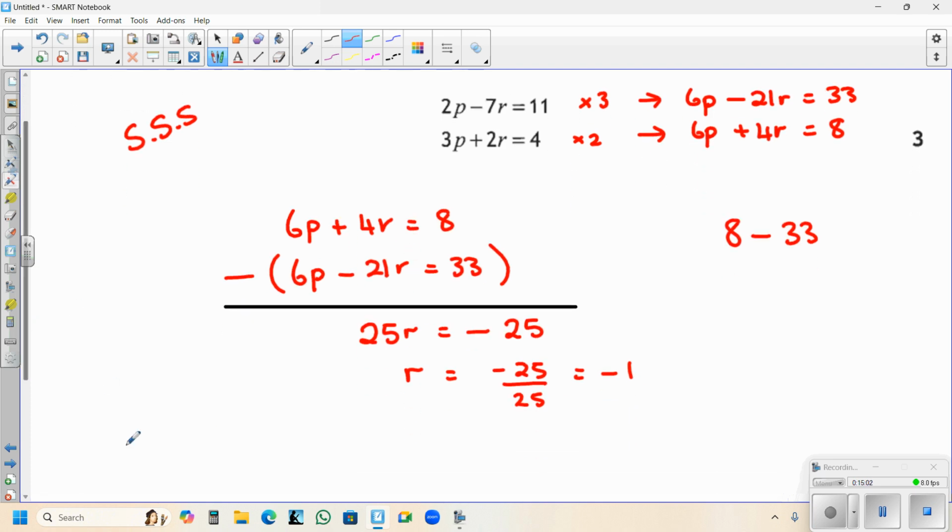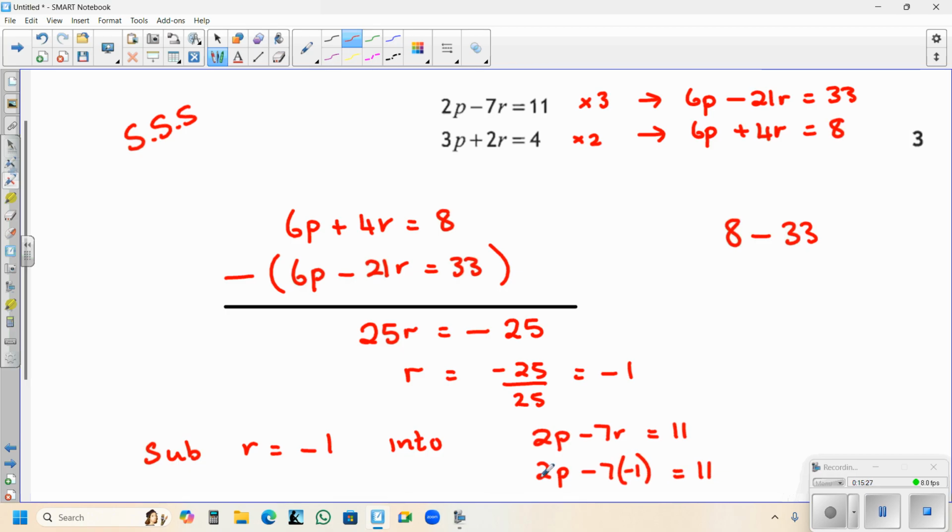So next thing we want to do is sub r equal to negative 1 into, now choose one of the equations from the question. So I'm going to just take the first one. So I've got 2p minus 7r is equal to 11. And we want to work out what p is, so 2p stays there just now. I want to take away 7 lots of negative 1, and I'm writing it all out in full just now.